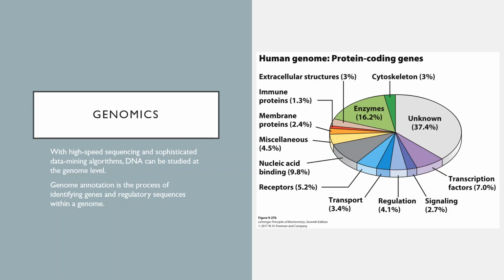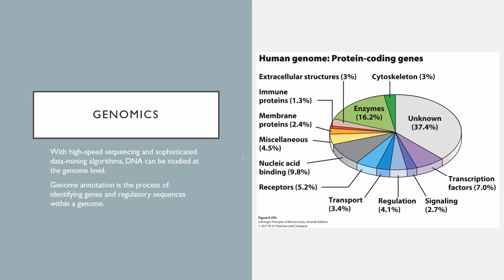So some genes have been discovered not by discovering their proteins, but by discovering their DNA sequences through genomics. And again, there are some interesting things to notice when you look at all the different protein coding genes. Enzymes seem to be one of the biggest categories of protein in the cell, which makes sense.